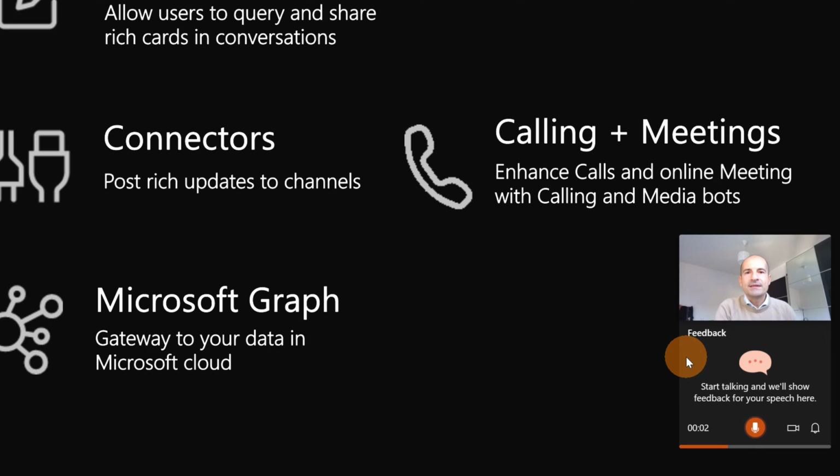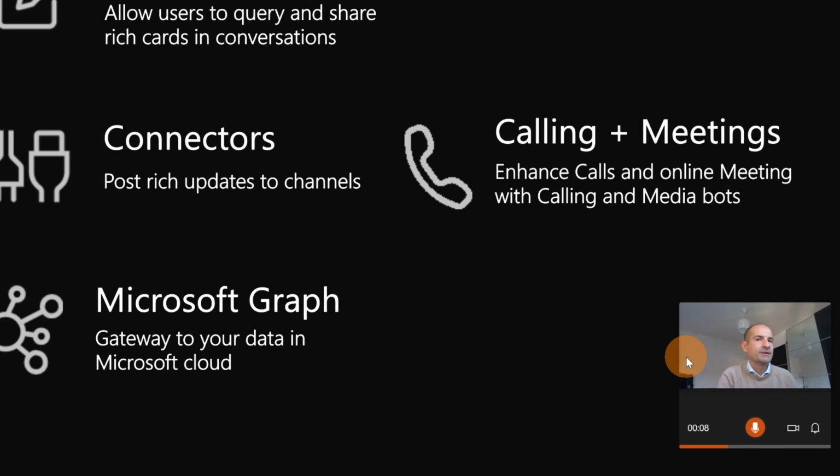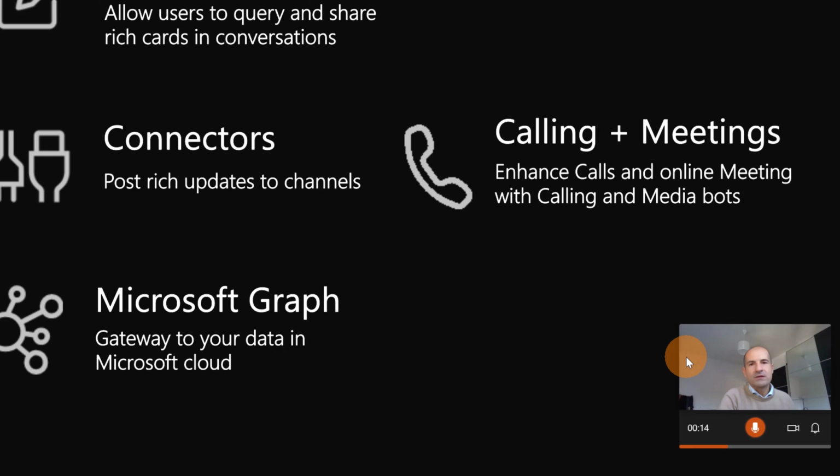And now, as you can see, hello, I am on the camera. I can start to speak around this presentation, but if I move around here, I have the first advice that tells me to keep my eyes on the audience, and this is very important.